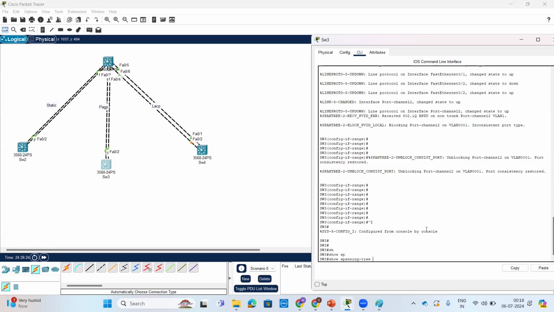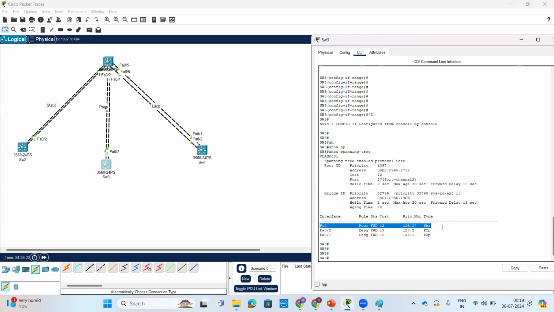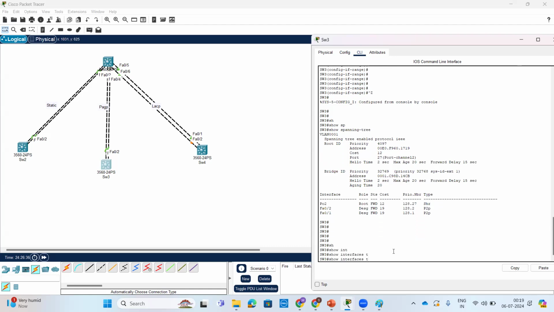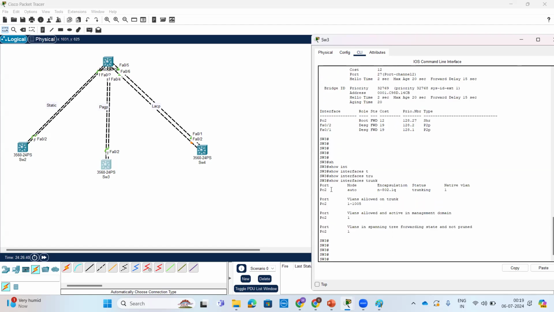So spanning tree. Still, the port channel is created and in forwarding state only, but they are denying. I think we show base. Yes, trunk also enabled. Yes.